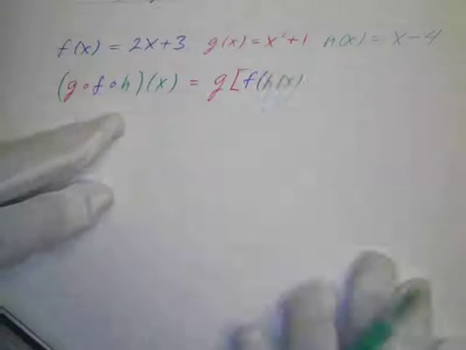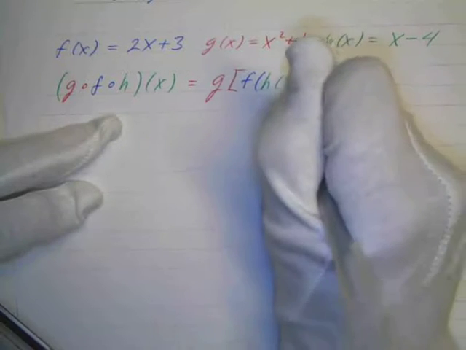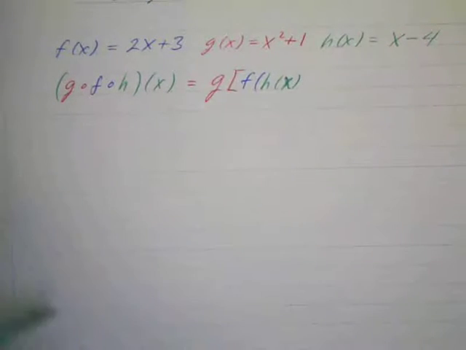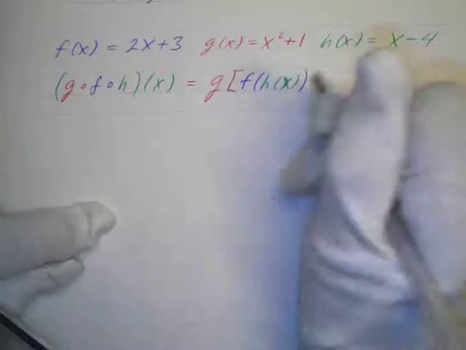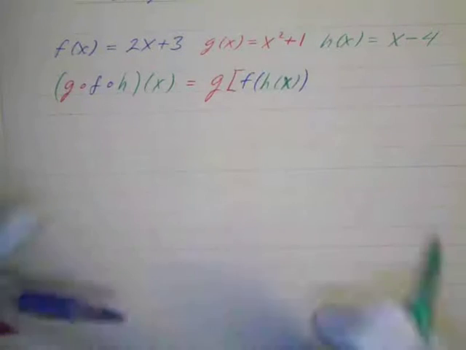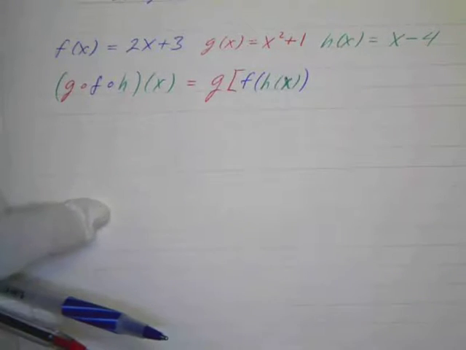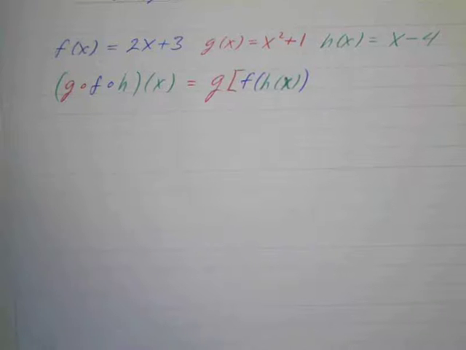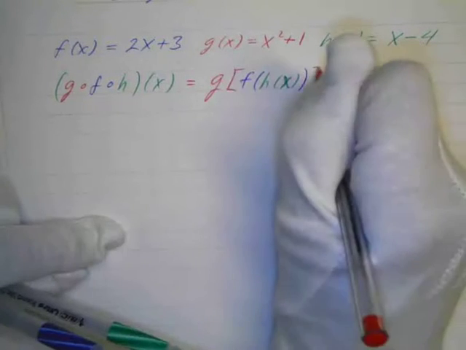That's the inside function. So we just have to work our way from the inside out. Now this is all in terms of x, so we can keep it in terms of x, but we might have a number too. We'll see an example of the number.